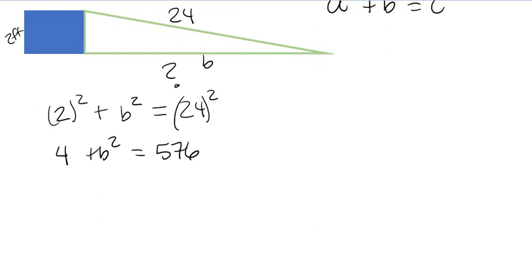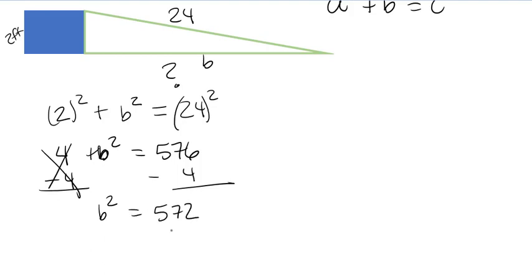And then what we want to do is get the variable on one side. So we're going to minus 4 on both sides. And we are left with b squared is equal to 572. And then remember how we get just b is we take the square root on both sides.